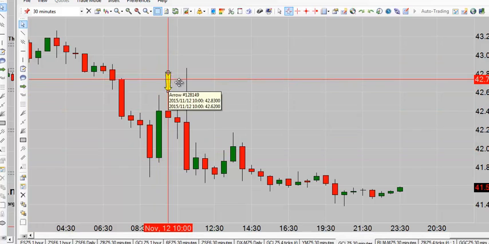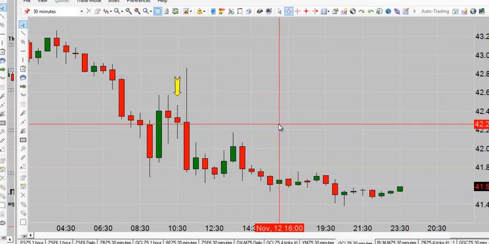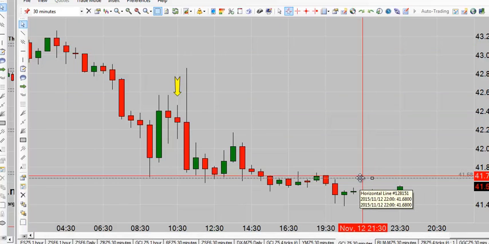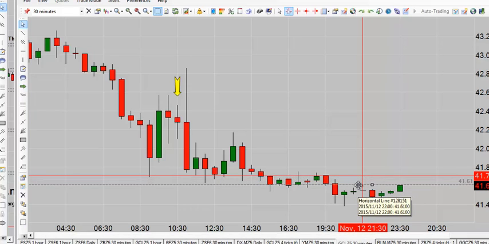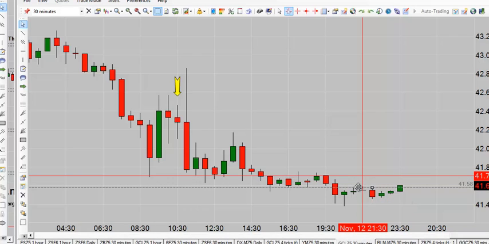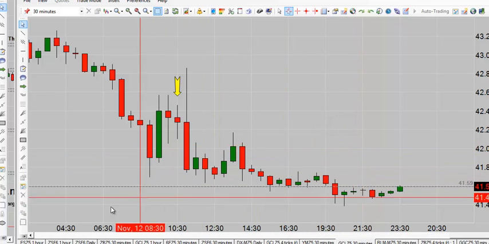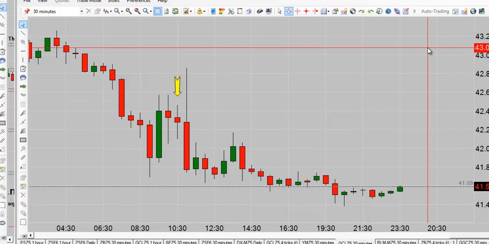Yes. Okay. Short below 41.60. So it's actually going to be 41.59. Okay. All right. And then the long side was 43.10, which is not triggered today.